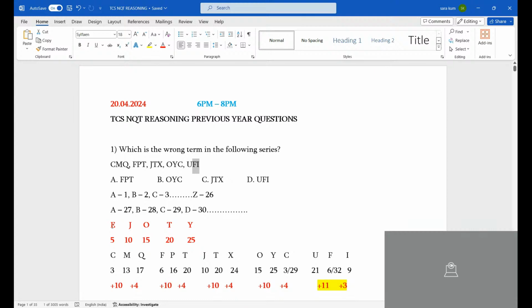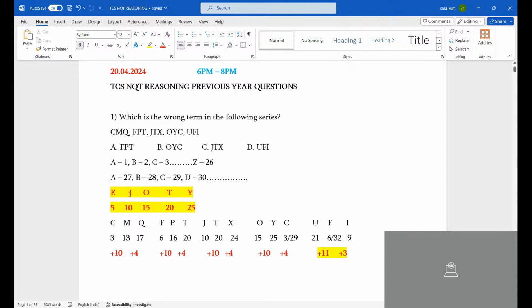So for that, I gave you this EJOTY, which is E is 5, J is 10, O is 15, T is 20, Y is 25. So just remember EJOTY, because it is easy to remember. All these numbers are multiples of 5, right? So from this, you can get the number for any alphabet. For J, it is 10.